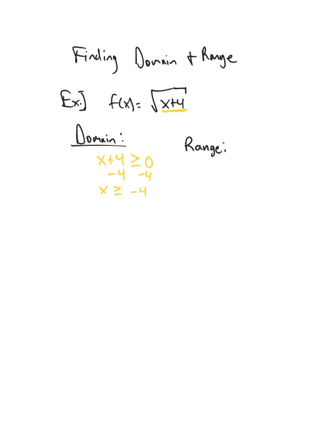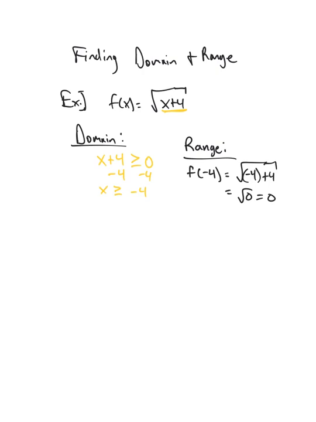The range of a square root function: once you have the domain, then you want to find f of that domain limit. So f of, in this case, -4. If we plugged -4 in for x, what do we get? We get the square root of 0, which is 0.